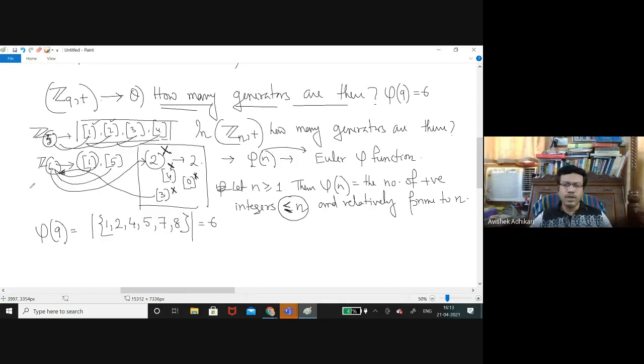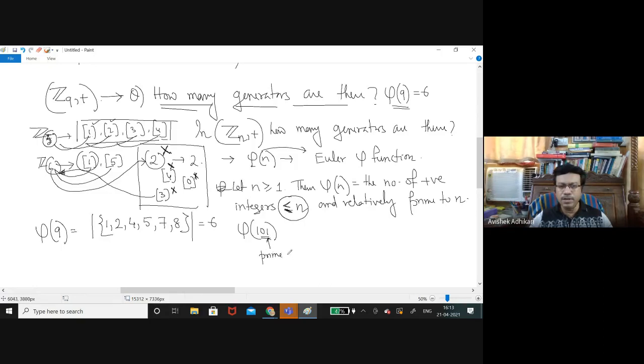Clear? When we deal with phi in a more detailed way, we will be able to understand how to calculate this value of phi of n more efficiently. So if I ask you, can you tell me what would be the value of phi of 101? Note that 101 is a prime number.